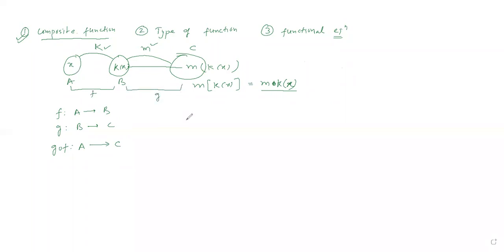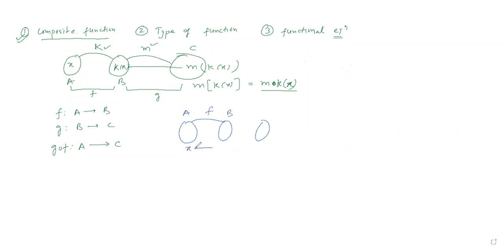Then from this place to this place, g o f is defined. g o f stands for the combined function of f and g.